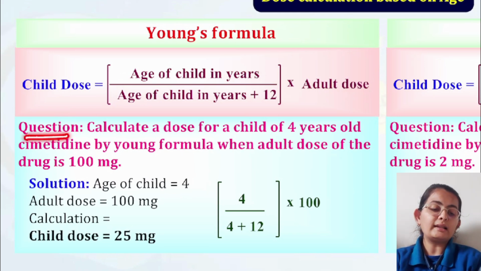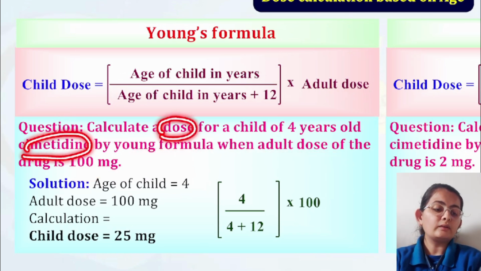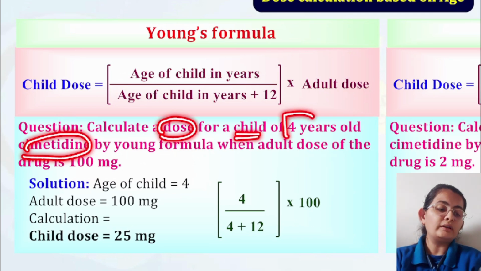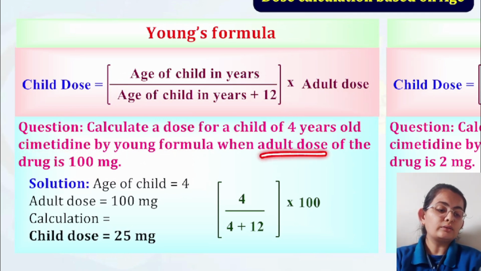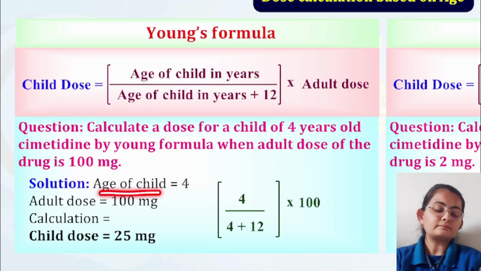For example, the question states: calculate a dose for a 4-year-old child, of cimetidine, by Young's formula when the adult dose of the drug is 100 mg. So you have been told to calculate the dose of cimetidine for this particular young child who is 4 years old, and the adult dose is given as 100 mg. So you can write the given data. Age of child is 4, adult dose is 100.